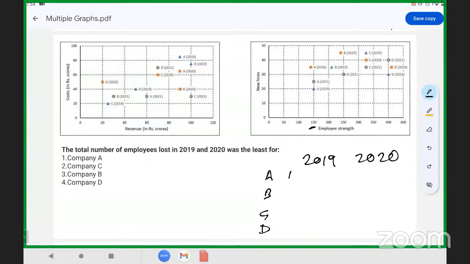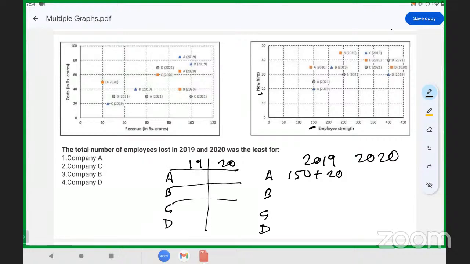The initial employees were 150 and additional employees were 20. So now we have a count of 170. Okay, so I will write down again over here 2019, 2020, A, B, C, D. You have a count of 170.